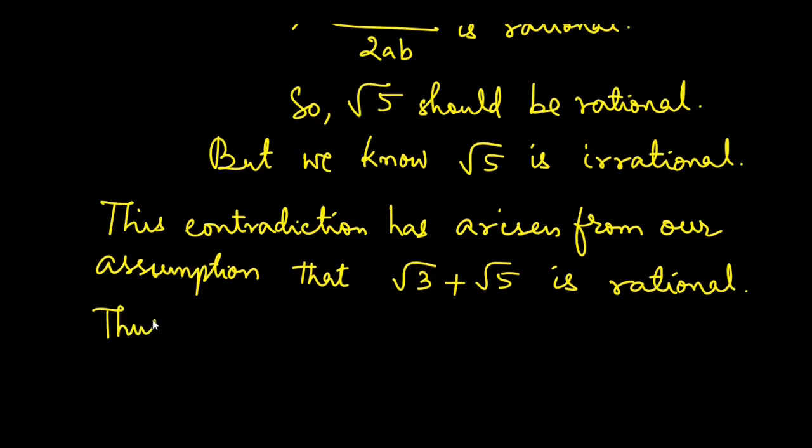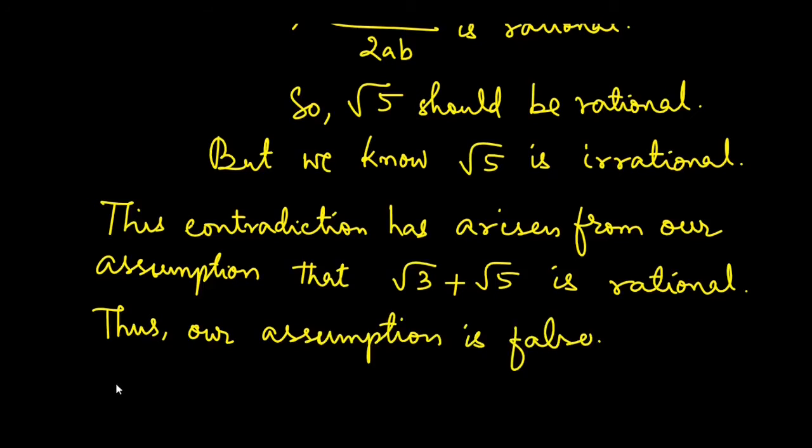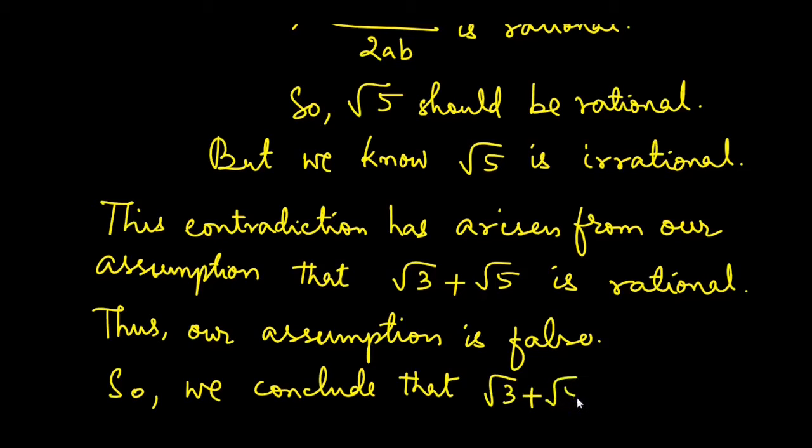Thus, our assumption is false. So, we conclude that root 3 plus root 5 is irrational.